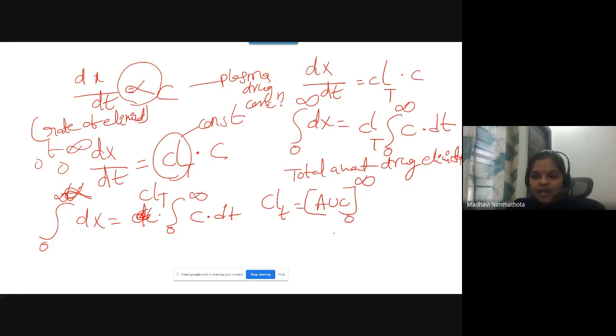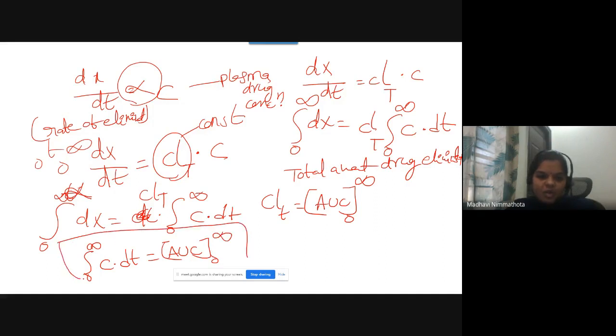Why have I written AUC 0 to infinity? One equation is there: integration from 0 to infinity of C into dt is equal to AUC 0 to infinity. There is a derivation for this also. So you have to remember, wherever there is the integration of C into dt, it becomes AUC 0 to infinity.